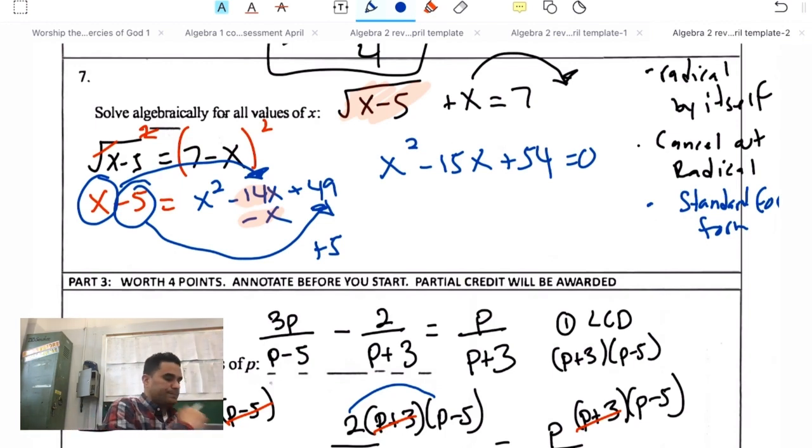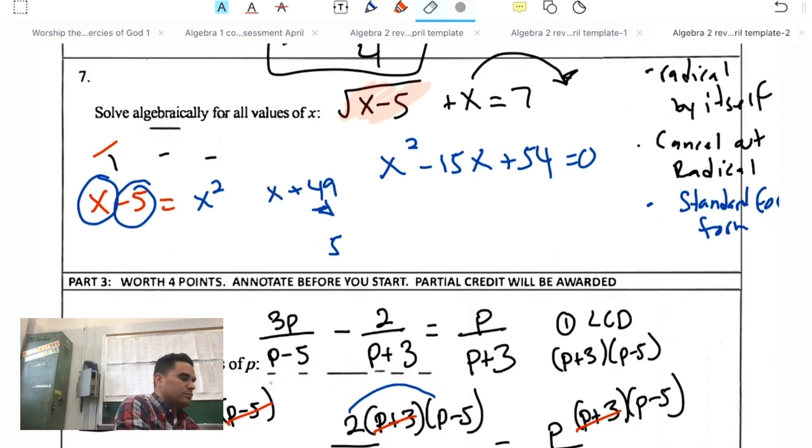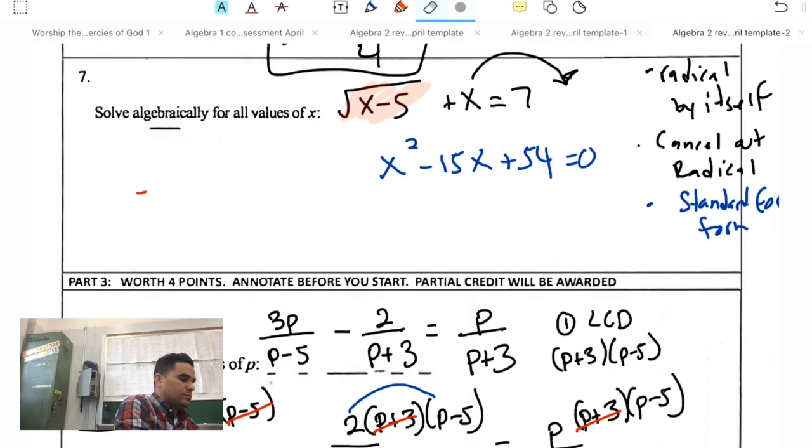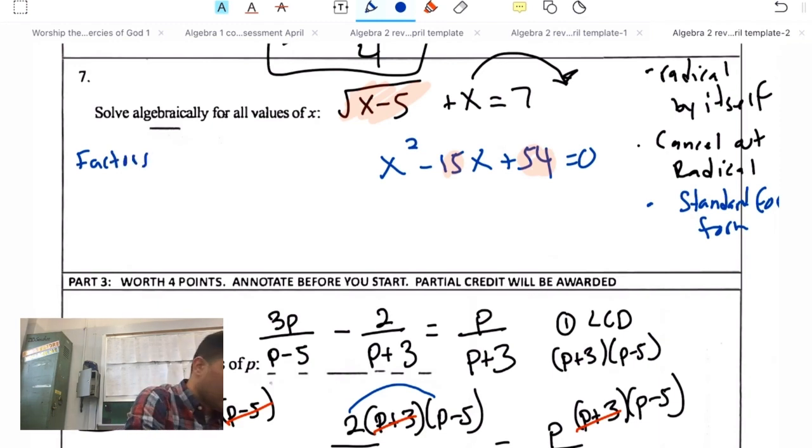Okay, so then that brings us to, so we are going to find the factors of C, right, and add it to B. So factors of 54 that sum to negative 15.